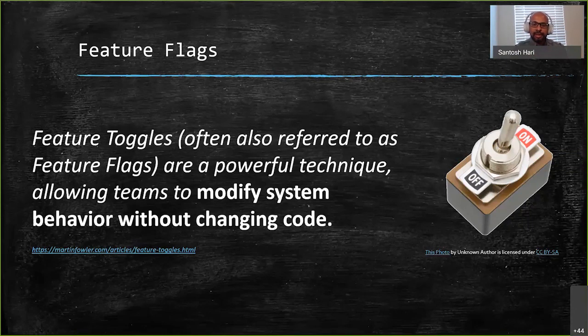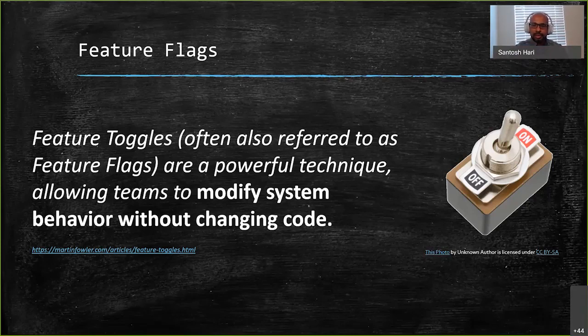A feature flag is a way to change your software's functionality without changing or redeploying your code. That is very important. You don't want to change your code or redeploy it. You simply want to hit a switch and have everything happen, or turn it off.